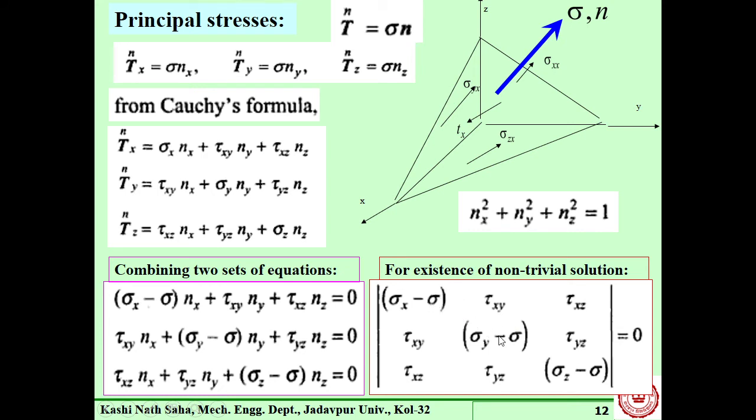So if we go on multiply, what we'll get? This sigma, this sigma, this sigma in the diagonal elements will give a sigma cube from here, right? Now, somewhere when we expand on this, we'll get this one. It will give rise to some sigma square term.